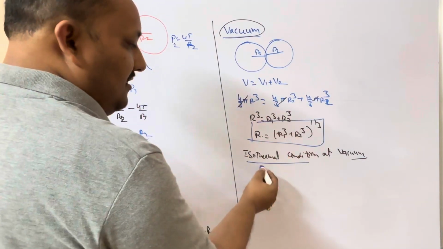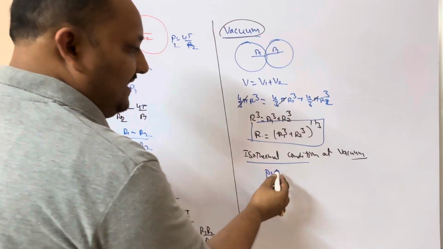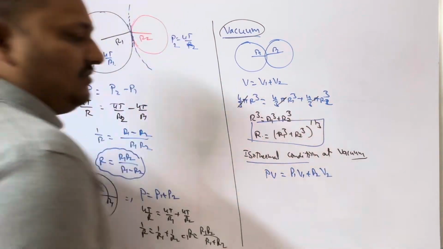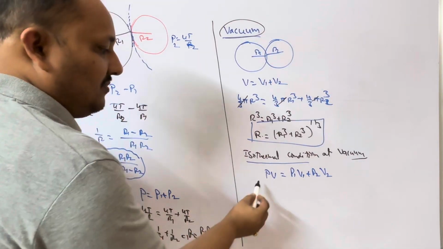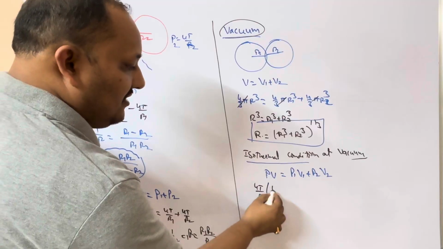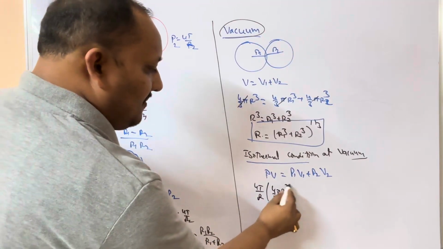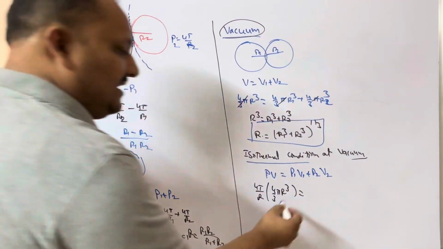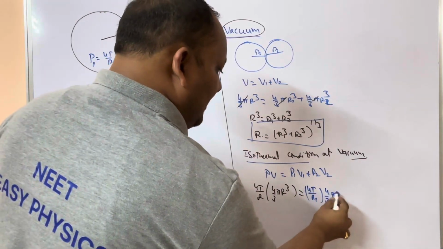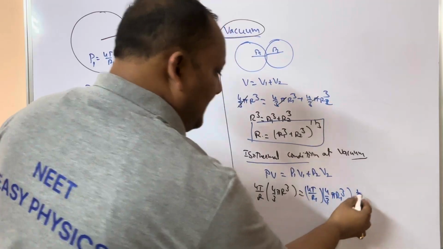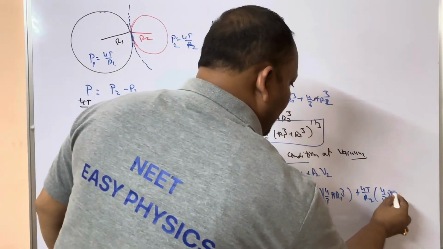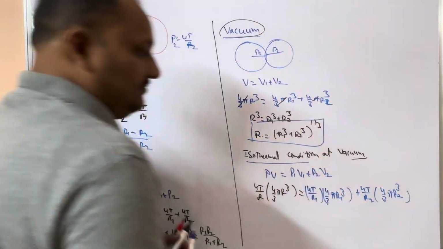At that time, we take the equation PV is equal to P1 V1 plus P2 V2. If it is a soap bubble, P we will write as 4T by R, and volume we will write as 4 third pi R cube. P1 means 4T by R1, 4 third pi R1 cube. P2 means 4T by R2, 4 third pi R2 cube.